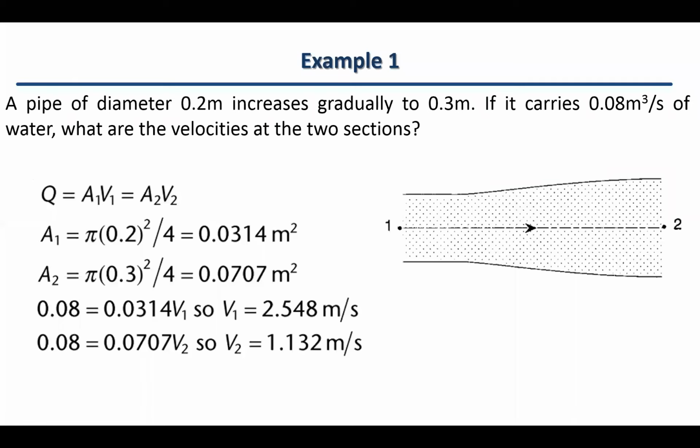We can either use A1 V1 is equal to A2 V2, or because we have Q, we can directly use Q for the second equation. Q is equal to A2 V2. We substitute Q on the left-hand side, and A2 on the right-hand side, so 0.08 equals 0.0707 V2, and V2 is equal to 1.132 meters per second.